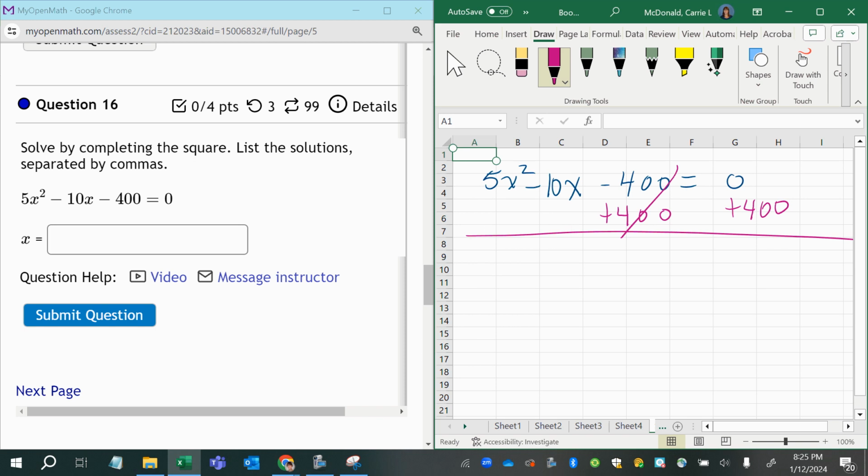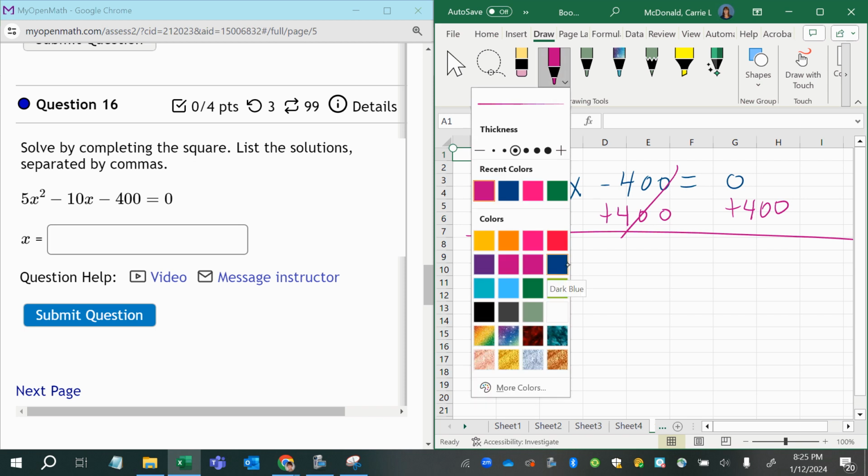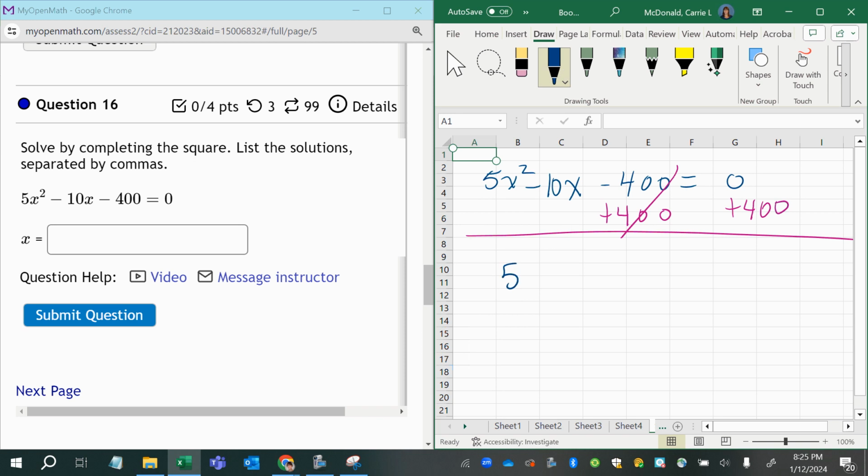And so now where the 400 used to be, we are going to complete the square by adding half of 10 squared. So half of 10 is 5. So I'm going to be adding 5 squared. Use a different color for this step.